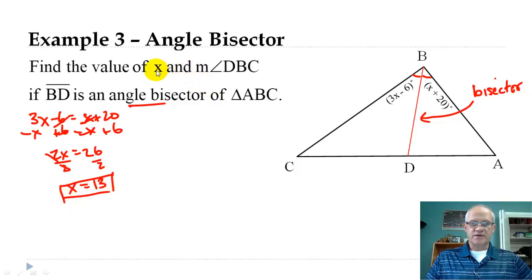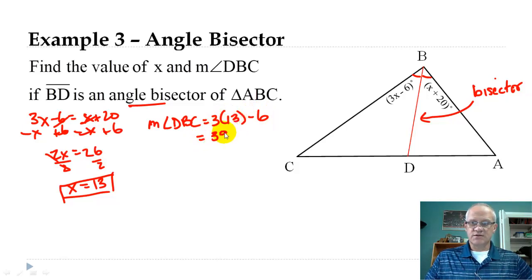Okay, so we found x, but we also said find the measure of angle DBC. Well, DBC, which one is that? D to B to C, so it's this angle here, which should be the same anyway, right? So we'll just plug it in there. The measure of angle DBC equals 3 times 13 minus 6. 3 times 13 is 39.